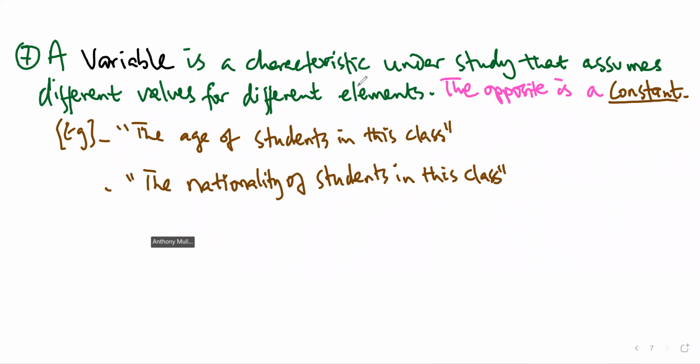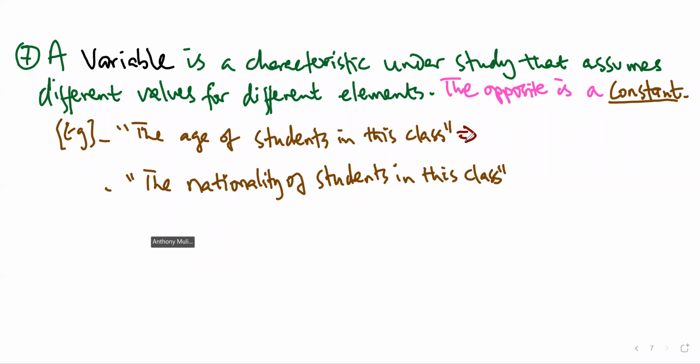Usually in statistics, we are only interested in variables because we want to observe the changes in the observations, and then we try to predict some other attributes of interest. I have two variables here with me. The first is the age of students in this class. Clearly, if I were to record the age of every student in this class, I will get a different value for everyone.